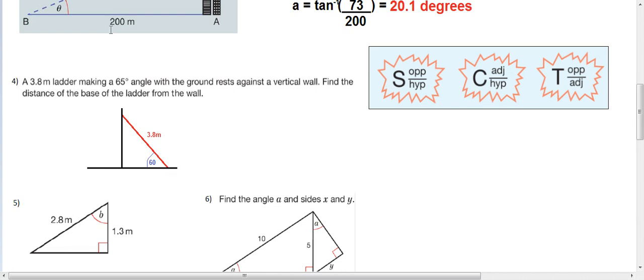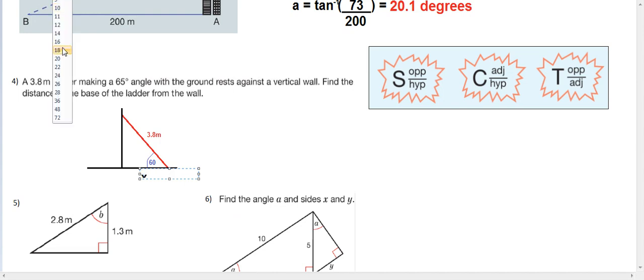And also I have to find the distance of the base of the ladder from the wall. So we need to find the distance here on the ground. I'm going to write this down in green: X. X marks the spot.